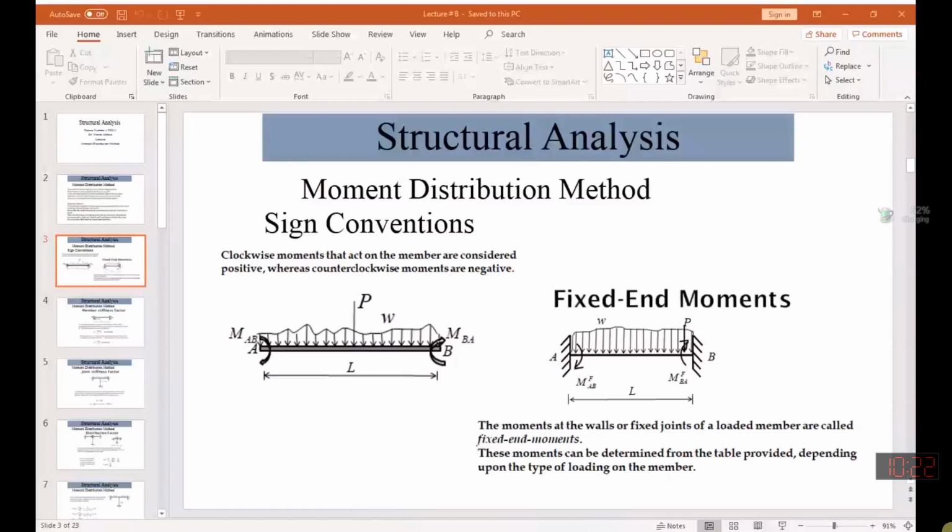91. 92. Yes sir, 91 Muhammad Mohsin. Okay. 92. Yes sir, Mohammad Hussain 92. 93. 94. 95. Yes, Mohammad Sarfraz 94. 95. 96. 97.